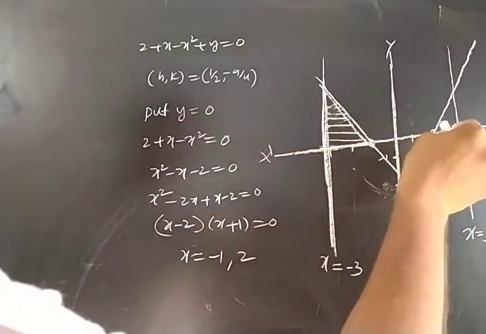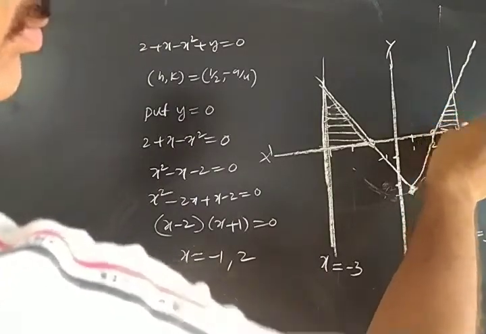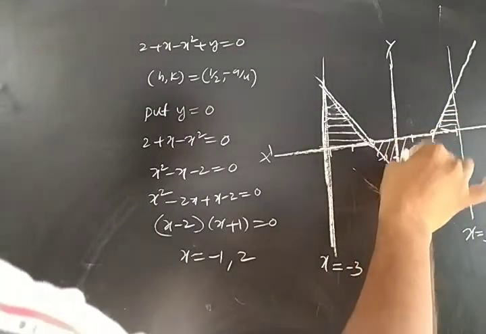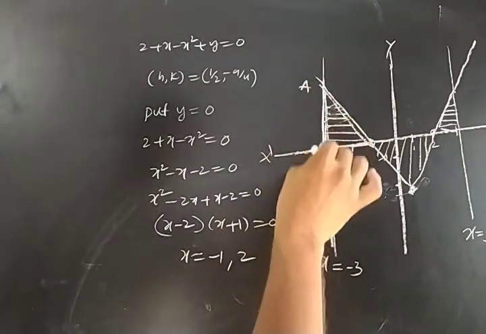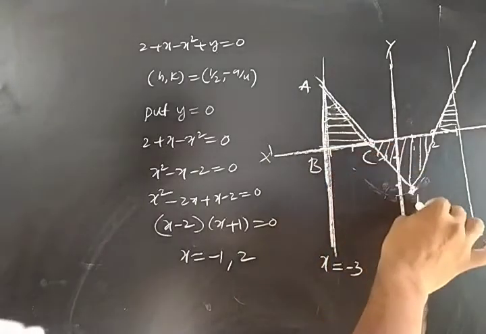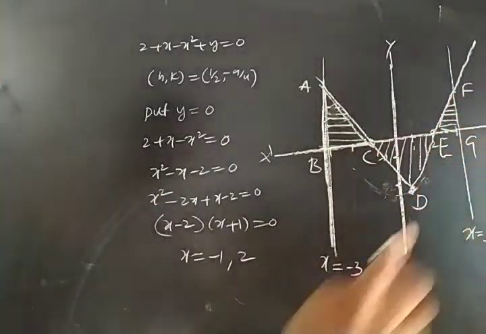This is the region, this is another region, and this is another region. So two regions lie above the x-axis and one region lies below the x-axis, right? So I am denoting these by A, B, C, D, E, F, G.